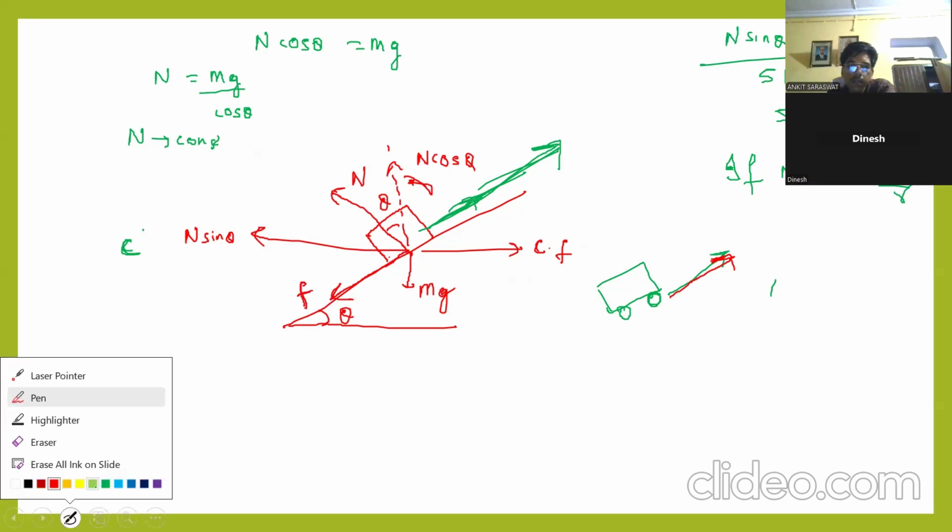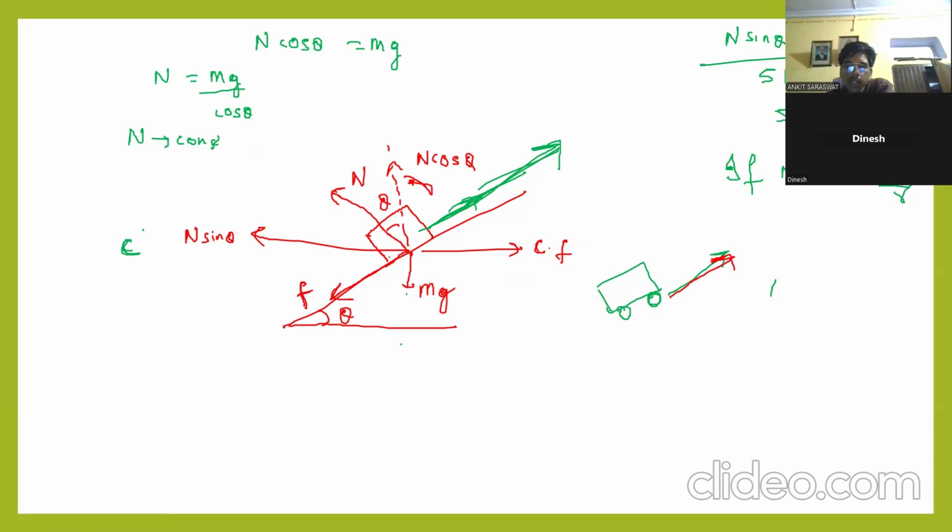If this is theta, this is 90 minus theta. Then one component of friction will help this normal. Now who is helping this normal? Friction. F cos theta, and this is F sin theta. So earlier N sin theta, now here, who is helping? F cos theta.